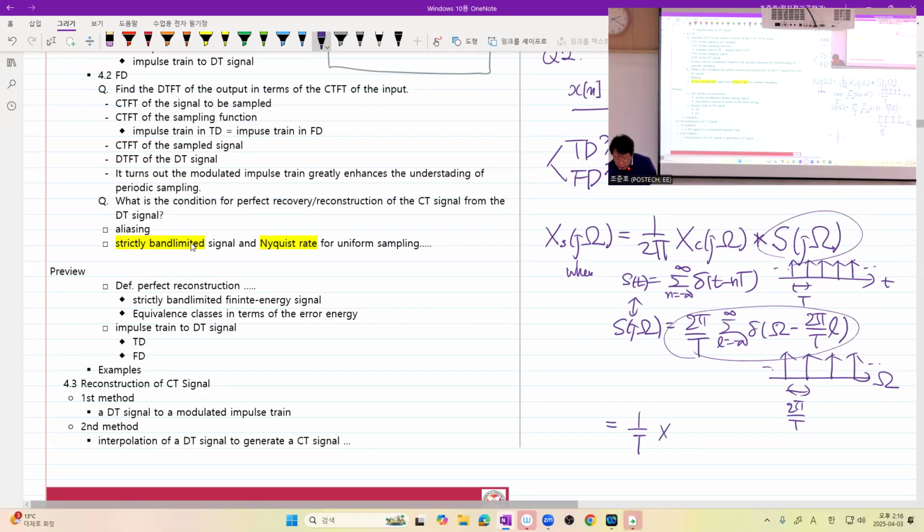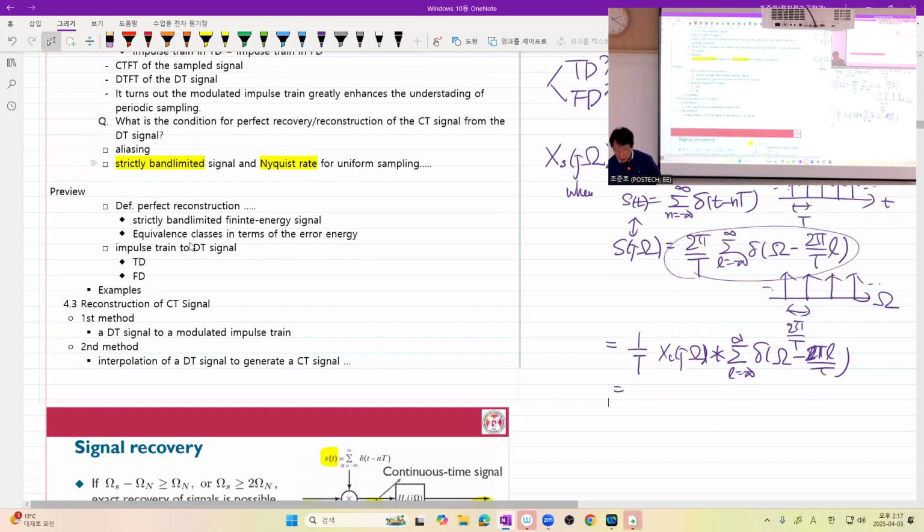We have X_c(j omega) convolved with a summation of delta functions. And from the shifting property, we have this relation.